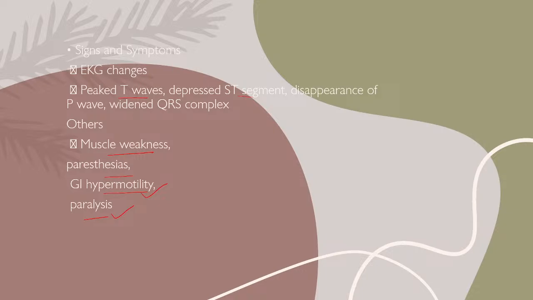A normal ECG looks like this. I will show you. This is the P wave, Q, R, S, and this is the T wave, and sometimes the presence of a U wave. But first we will see hyperkalemia, that is, more potassium.